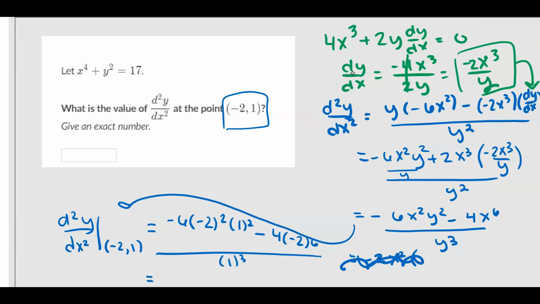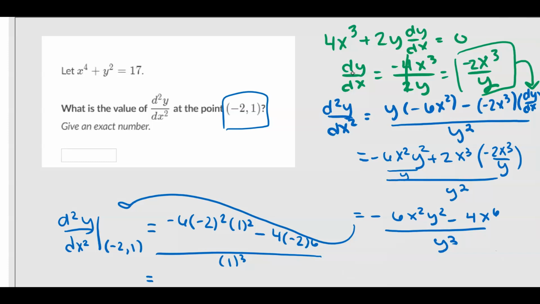Here maybe it would have helped to plug it in, because if I'd factored it out, it would have made it a little bit more complicated. So I'm just going to go back to plugging in numbers.